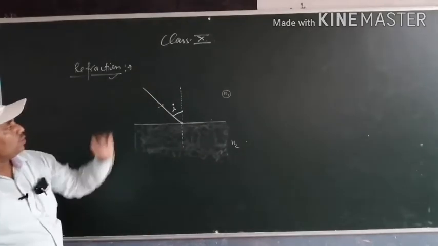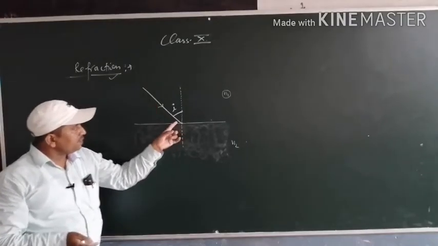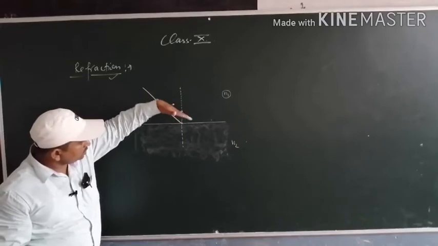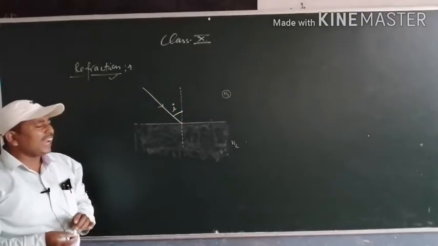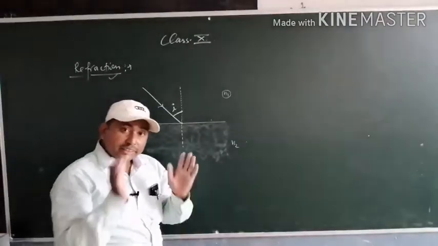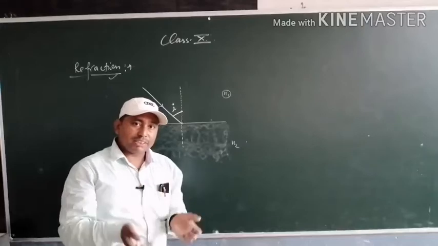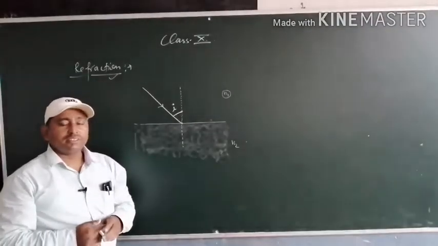When this light ray is transmitted through that surface into the second medium, it deviates from its original track, and that deviation from its original track is known as refraction of light.